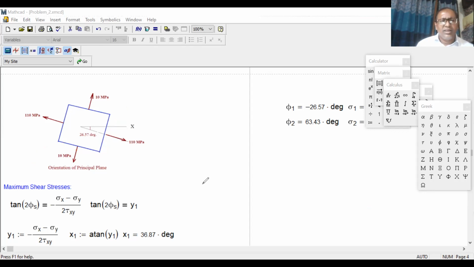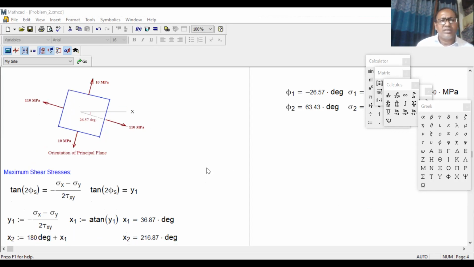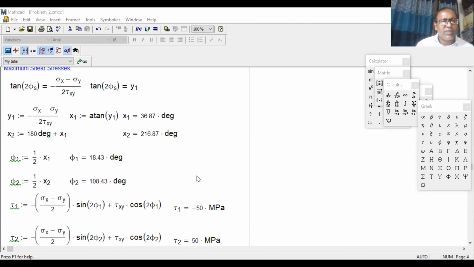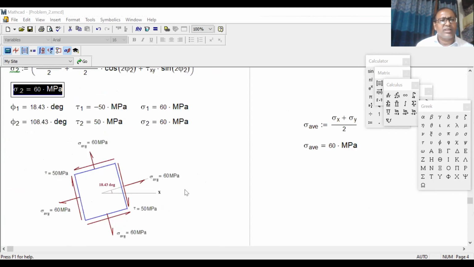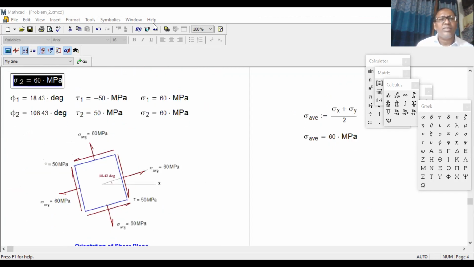So in the next, we figure out the shear stress. So we need to find the orientation of the element. So just look at the result. At first, you draw the x-axis. And our x-axis initially was horizontal. This is the x-axis, our cutting plane, 18.43 degree, and positive.